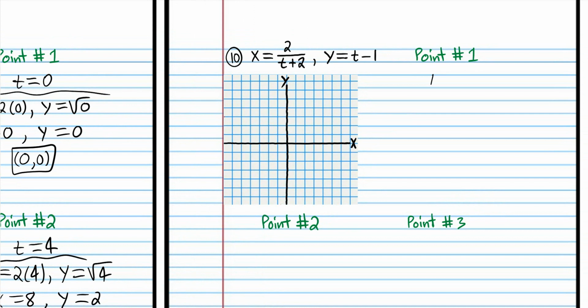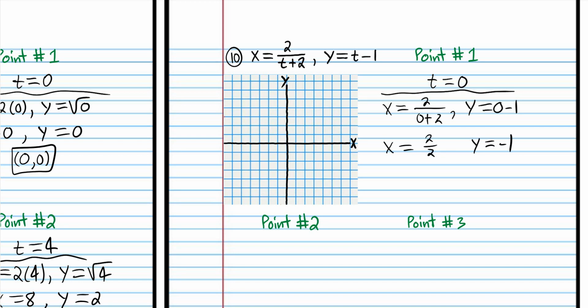So let's choose some t values here. I'm going to choose t is equal to 0. So x is equal to 2 over 0 plus 2. And y is equal to 0 minus 1. So y is -1. And x is 2 over 2, which is 1. So our point is 1, -1.